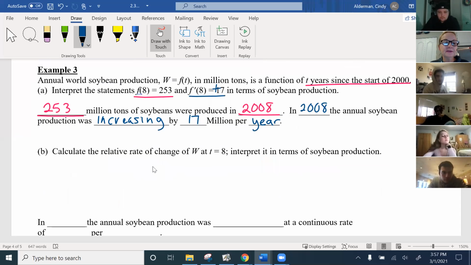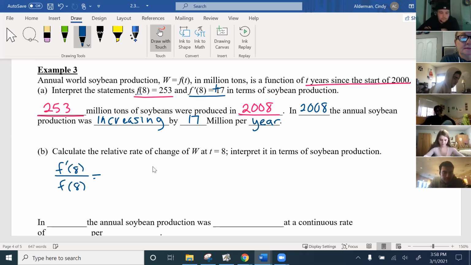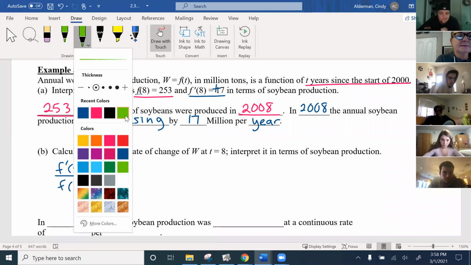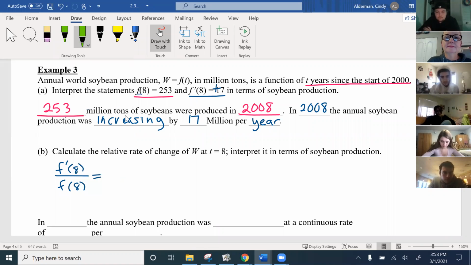Okay, so now we're going to calculate the relative rate of change of W at t = 8. So we're going to do f'(8) divided by f(8). Well, we know what f'(8) is, right? What is it? It's 17.